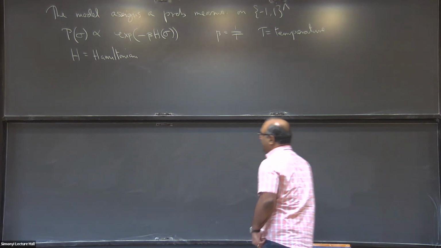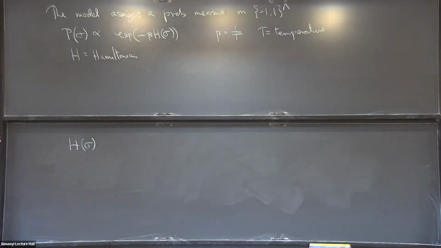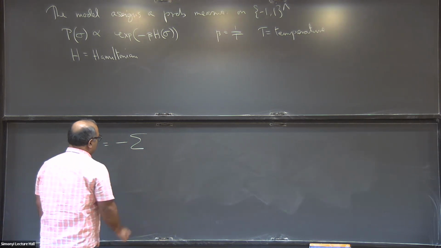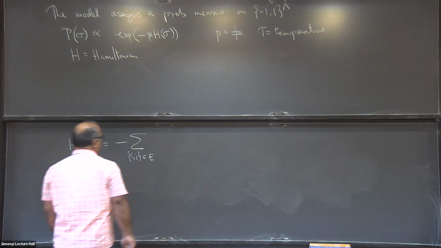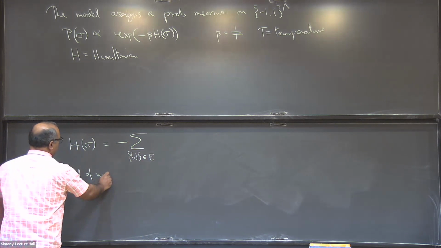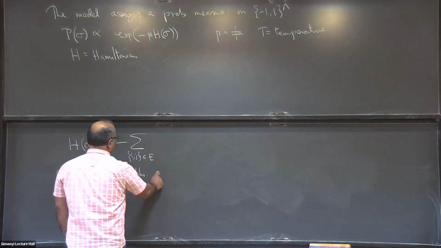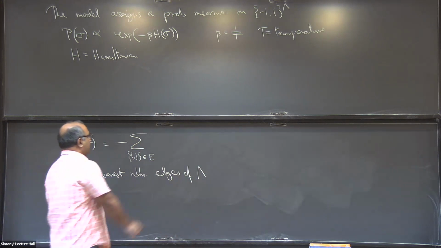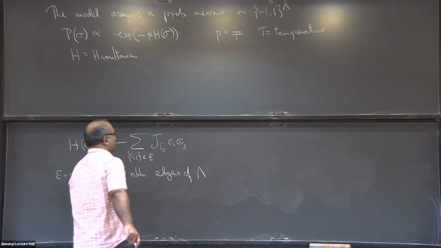Okay, so the Hamiltonian here, the energy of a configuration sigma, is given by minus the sum over all neighboring pairs ij in E, where E is the set of nearest neighbor edges, of lambda, or Jij, sigma i, sigma j, where these are numbers.